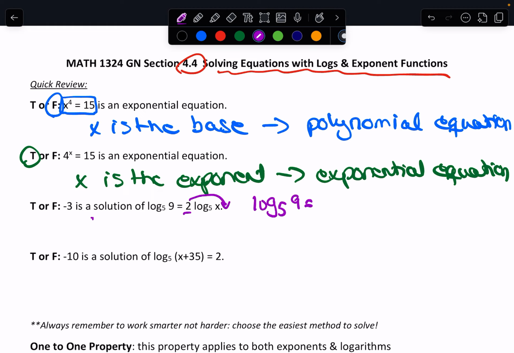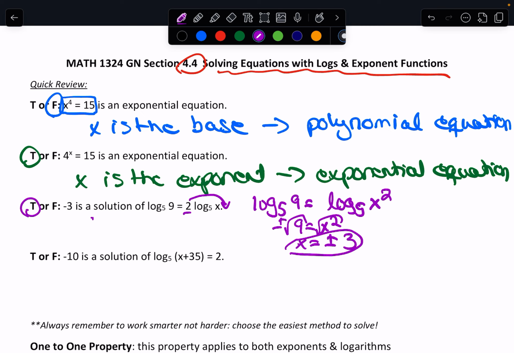So log with base 5 of x squared. Now, we have the same base for the log. We can just rewrite this as 9 equals x squared. And when we take the square root, it's a positive and a negative. So x equals positive and negative 3. So yes, this is true. -3 is a solution.